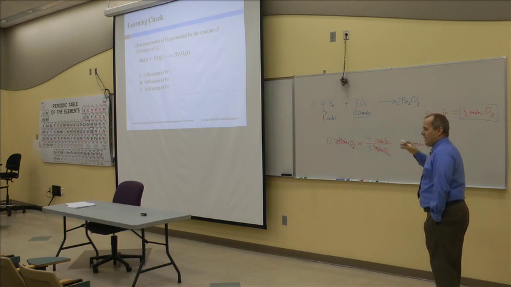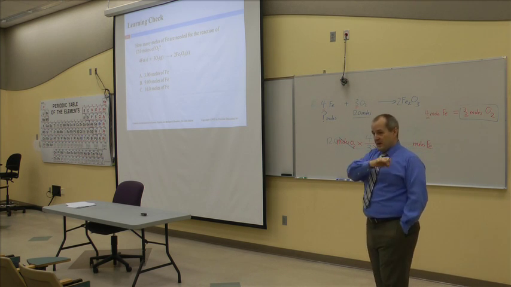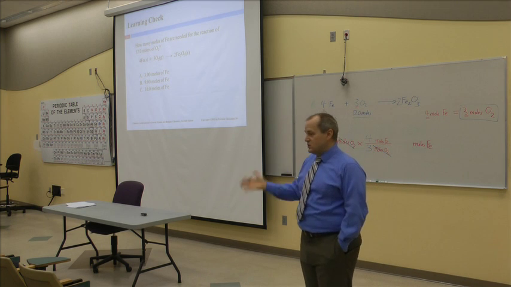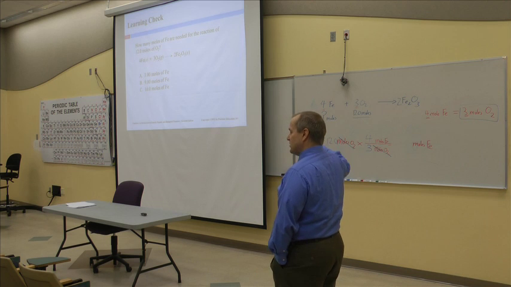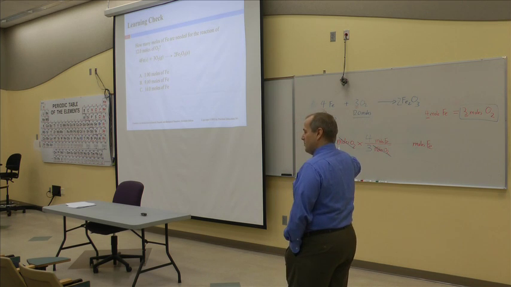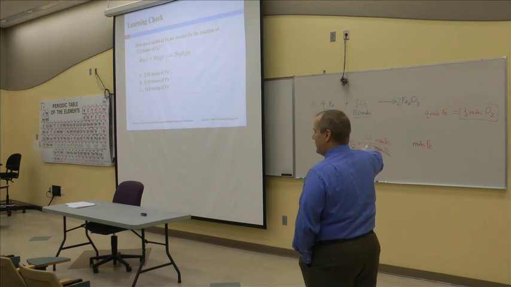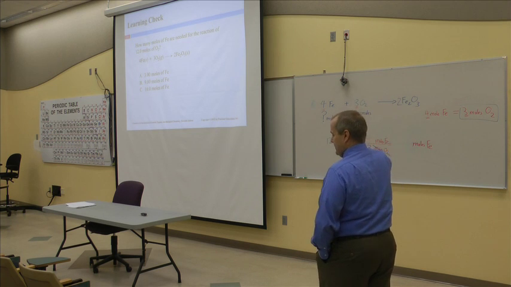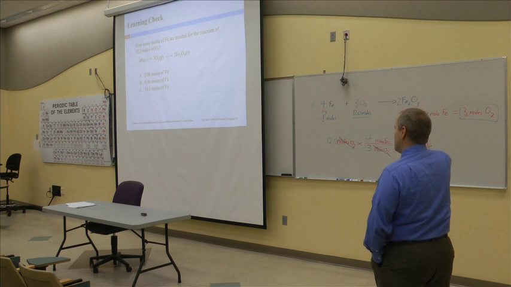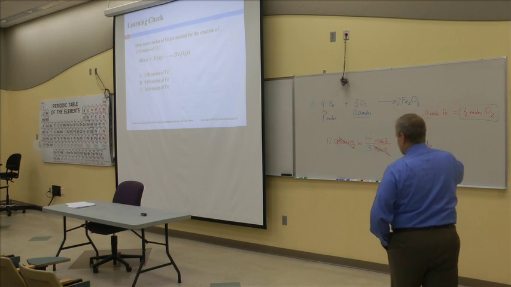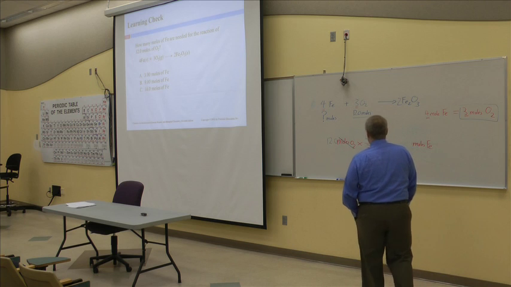Now, the reason why I harp on using the units from the very beginning of this class, and I say use the units, use the units, use the units, is because questions like this are coming, where they start to look a little tougher, but they only look tough. They're the same as what we've already done. But if you haven't been using your units like I asked you to do, these questions become almost impossible. So make sure you start using units if you haven't already.